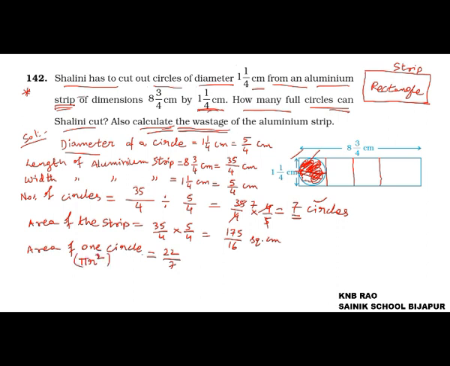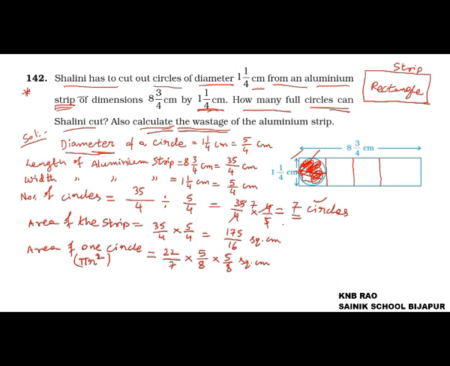Using this formula, with pi value as 22 by 7, into r squared. Here it is the diameter which is 5 by 4, so the radius is half of it, that is 5 by 8. So 22 by 7 into 5 by 8 into 5 by 8 square centimeter.